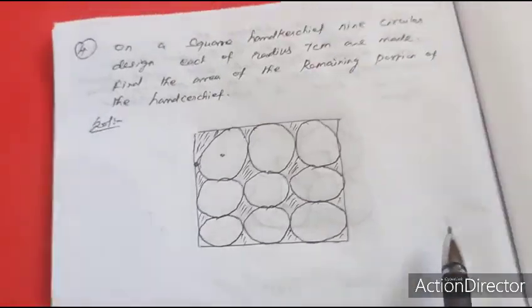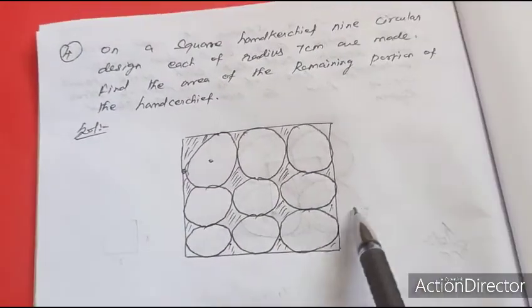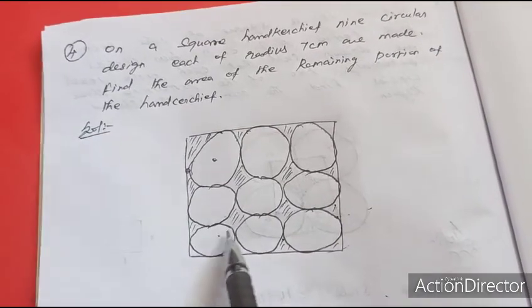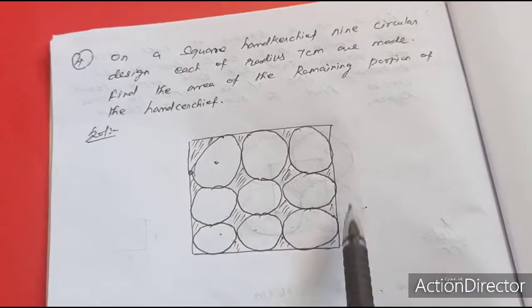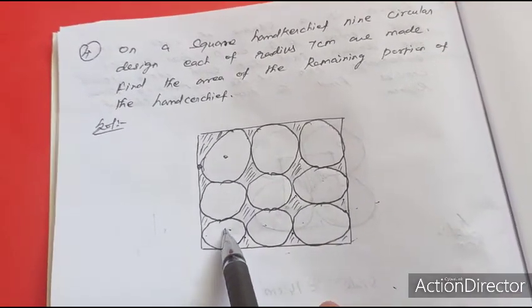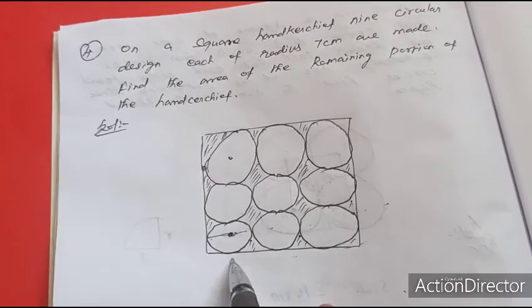Fourth question. On a square handkerchief, 9 circular designs, 1, 2, 3, 4, 5, 6, 7, 8, 9, each of radius 7 centimeter. The radius is 7, therefore diameter is 14.